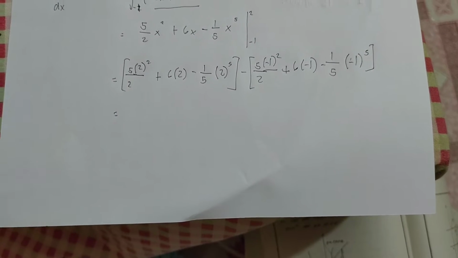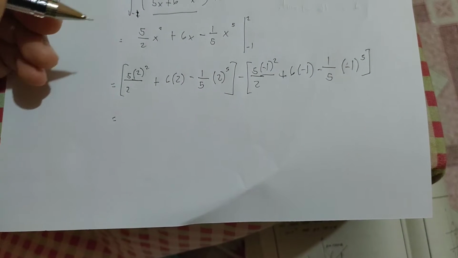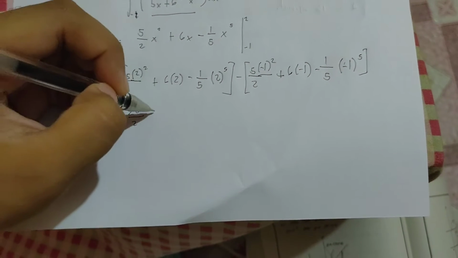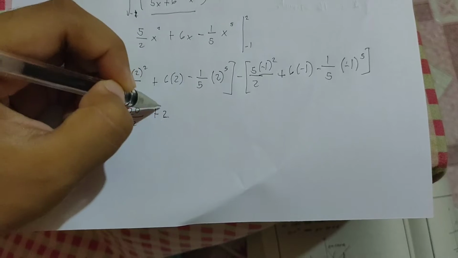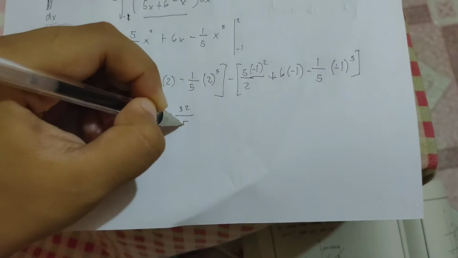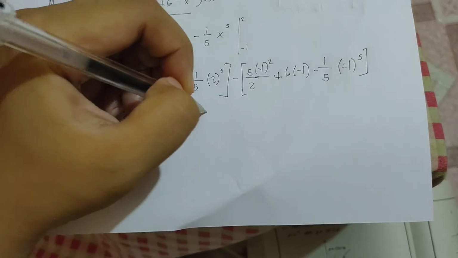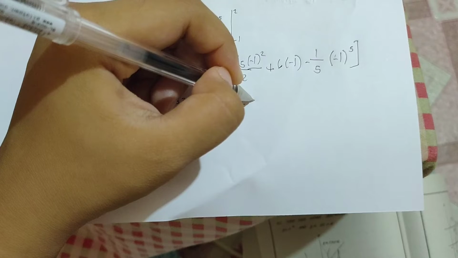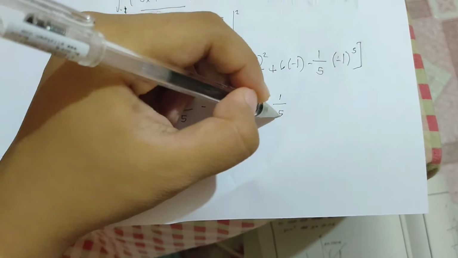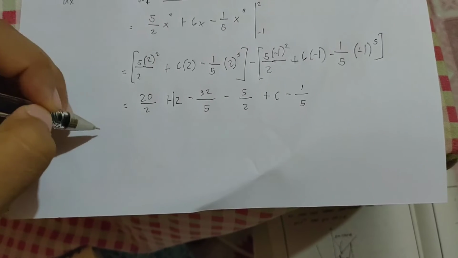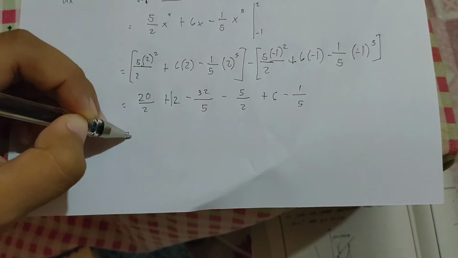Equals 20 over 2 plus 12 minus 32 over 5 minus 5 over 2 plus 6 plus 1/5.